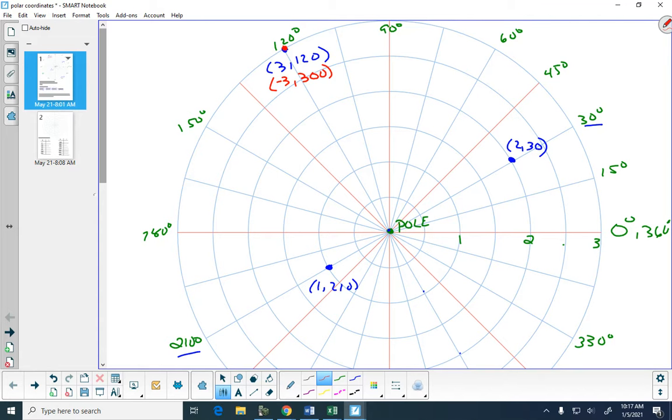So we have a dual ordered pair for the exact same point. When you have the negative, it just tells us to go, it's SpongeBob opposite day. We just do the opposite of going out +3. We go -3. Well, if I go -3, I'm going up the 120 line rather than down the 300 line.